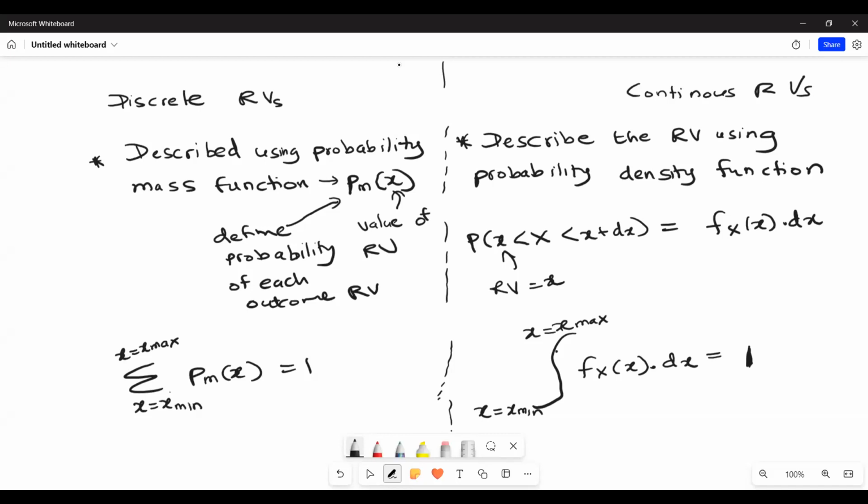And then I also want to mention that we need to know definitions related to those probability functions, right? As I mentioned before, we are going to be working with a lot of statistics in this signal processing domain. So statistics related to the probability mass function and statistics related to the probability density function we need to study, right?